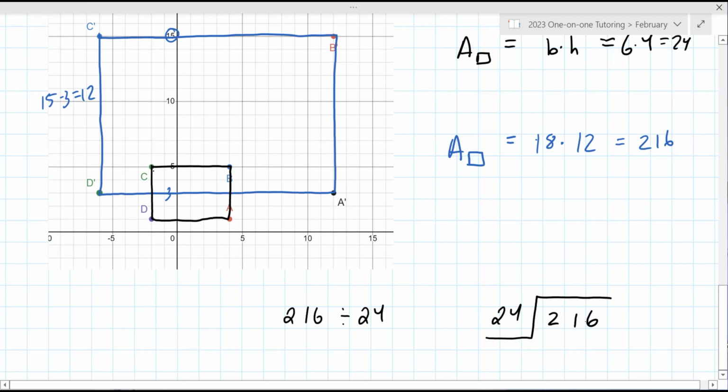Can you do that and give me the answer? 24, 48, 72. 72 plus 24 is 96. I'm asking how many times 24 goes into 216. I'm counting up by 24. You've done 4 times 24 is 96. It's a lot bigger than that. So you might want to go to 8 times 24, which is double that.